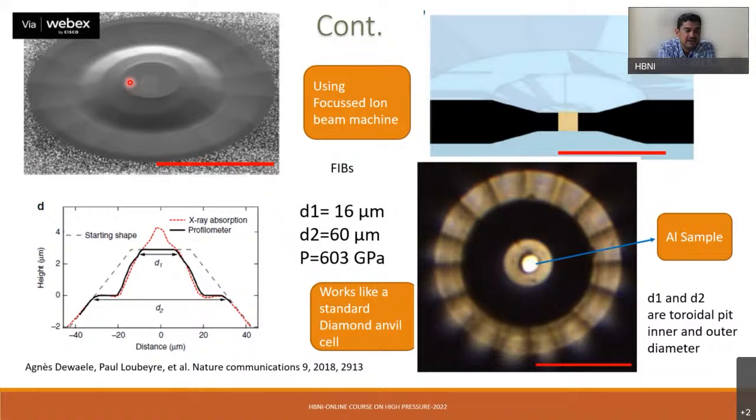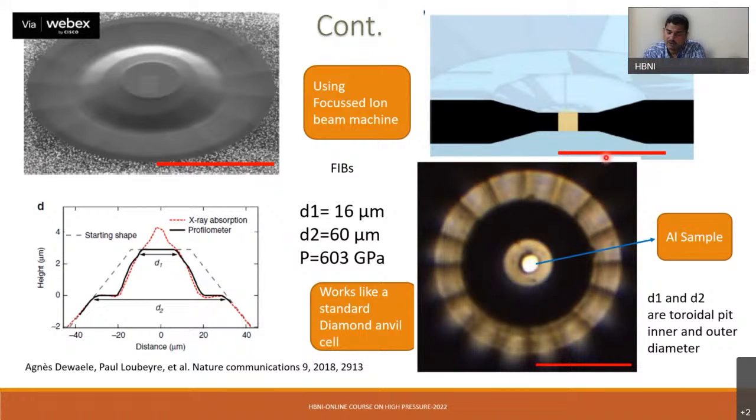You see here in the central part the final culet size, and this is a dip, and this is again a second culet, or second anvil shape, of the toroid. And this one here is the gasket inside the toroid anvil. This is the sample assembly, and you see the special shape of the toroid anvil. The gasket takes a special kind of shape because of the toroidal shape of your diamonds.